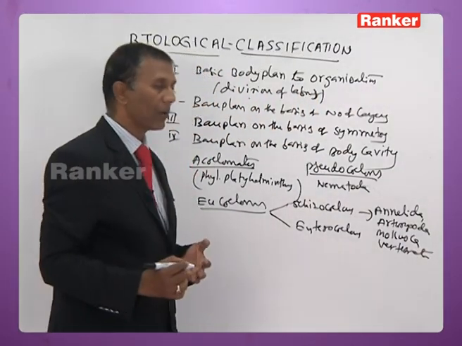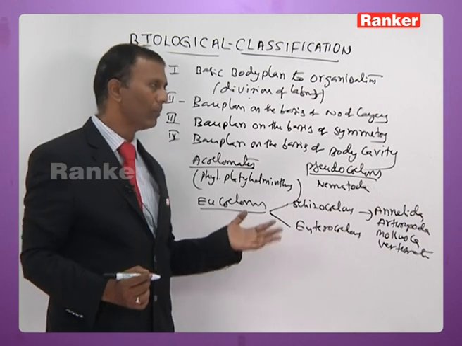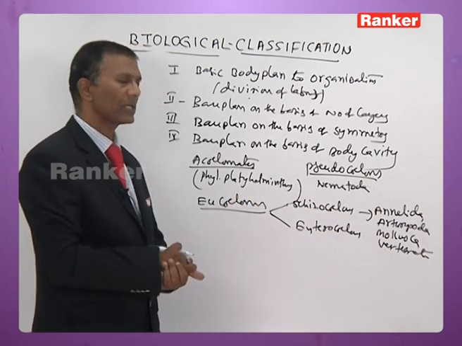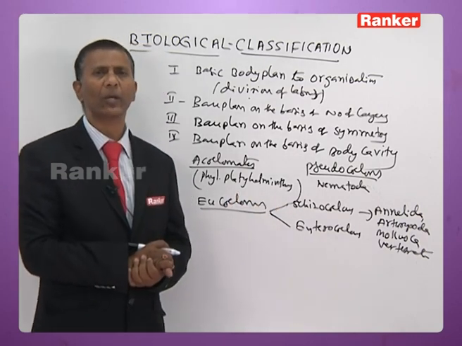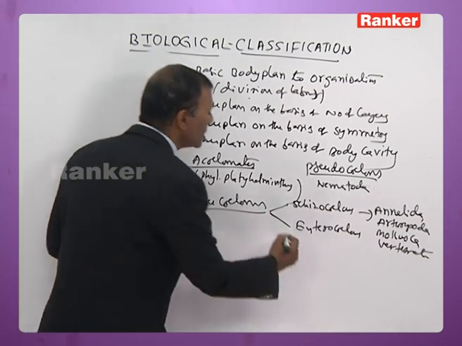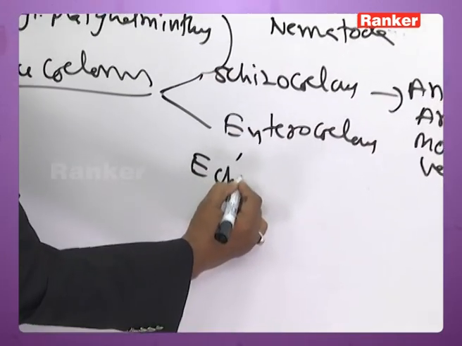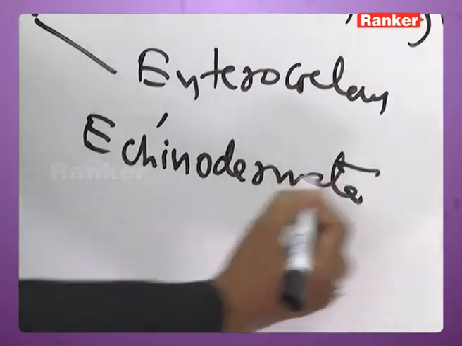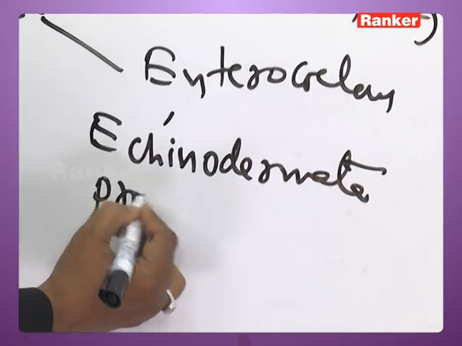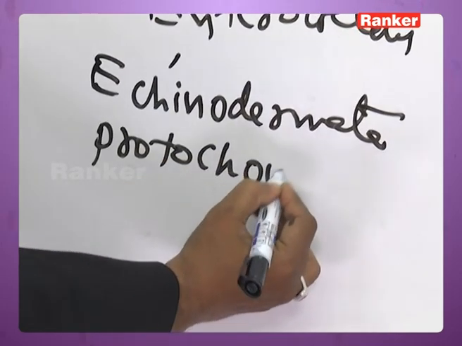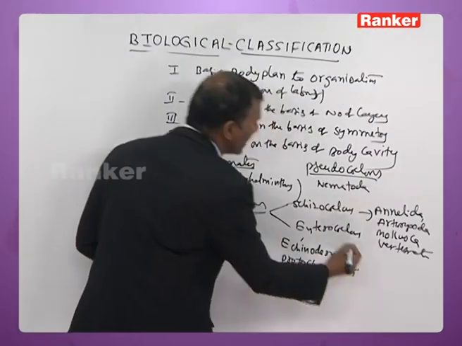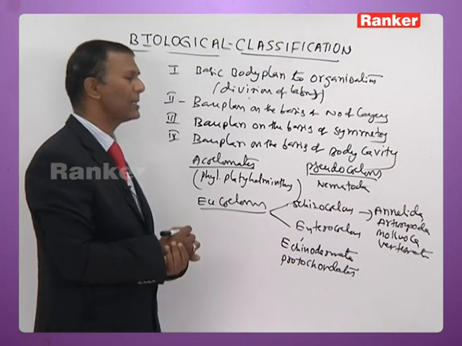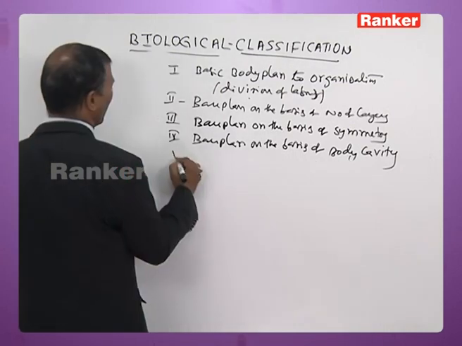In Arthropoda and Mollusca, schizocoelom is secondarily modified into hemocoel. Enterocoelom is present in Echinodermata and all protochordates. So this is the body plan on the basis of the body cavity.